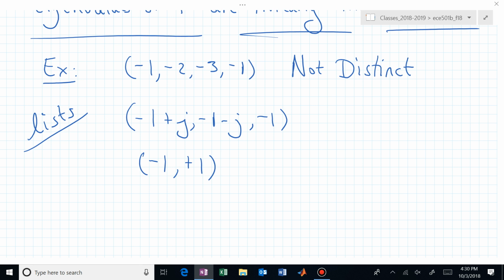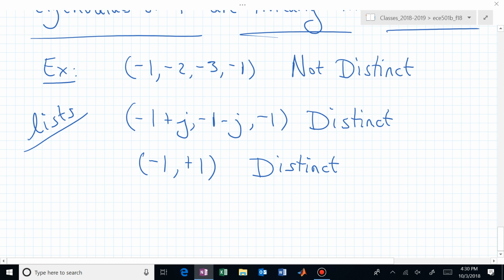I'm making it more, this was supposed to be clearing things up. Okay, so the middle list, does it consist of distinct eigenvalues? Yes, all 3 points are not overlapping at all. What about the last list? If you were in a controls class, you might not like that last list because we have one eigenvalue that's in the right half plane.